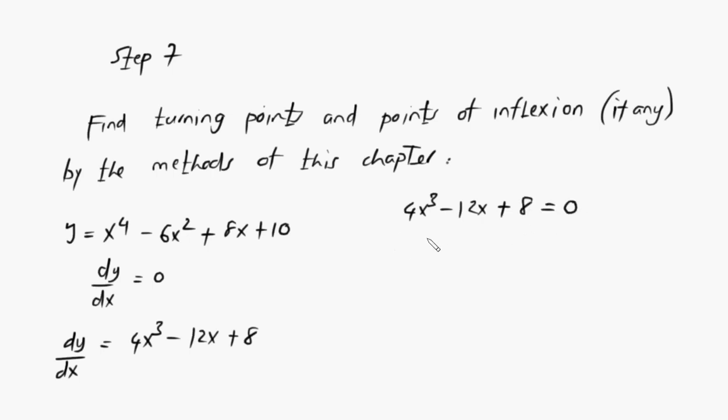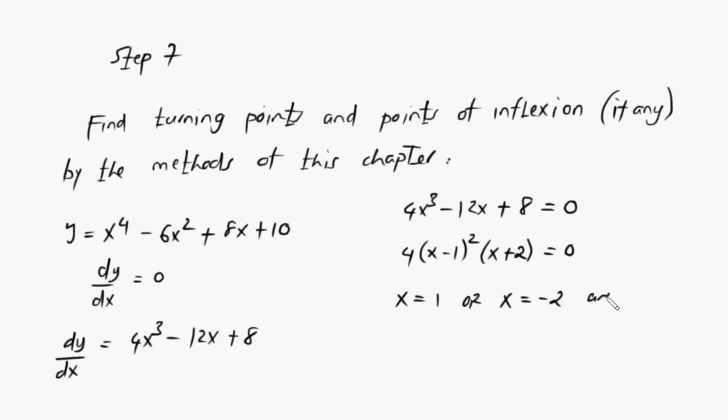I can factorize this, and you will do the factorizing yourself. You'll find it's going to be 4 times (x minus 1) squared times (x plus 2), equals 0. So the values of x are x equals 1 or x equals negative 2.